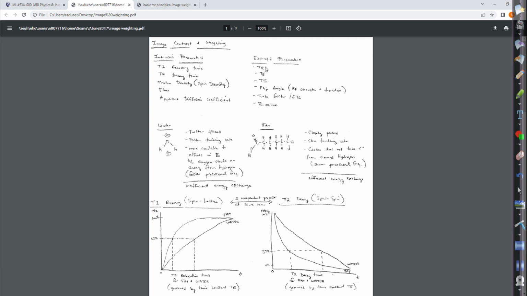And those things are repetition time, echo time, inversion time, flip angle, and I just put it in here as a reminder, flip angle is determined by RF amplitude or strength and how long it's applied for, duration. Turbo factor, echo train length, and B value, which is associated with diffusion.